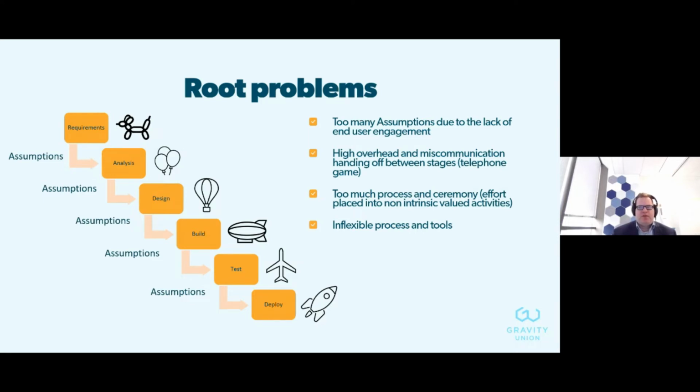We had too much process and too much ceremony, especially those non-intrinsic value activities. There was just too much effort going into documentation and processes, and that was really slowing things down. And then really inflexible processes and tools: once we figured out we had taken the wrong path, the ability to go back to previous stages wasn't there. It was a very inflexible process. So those are the root problems.